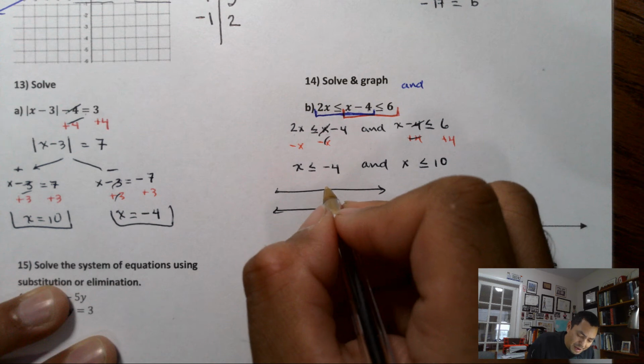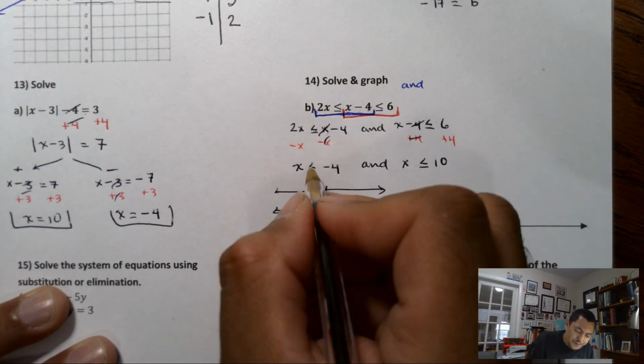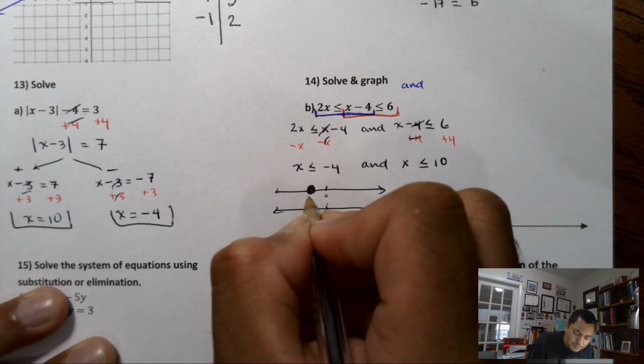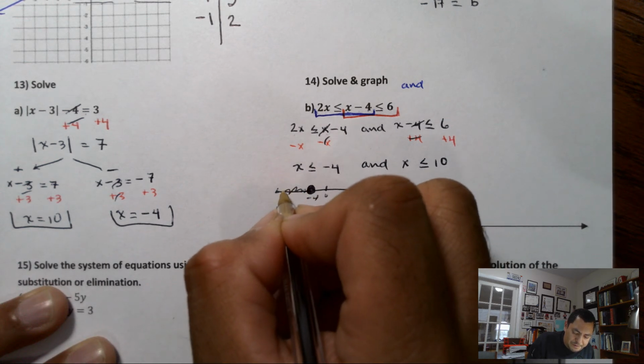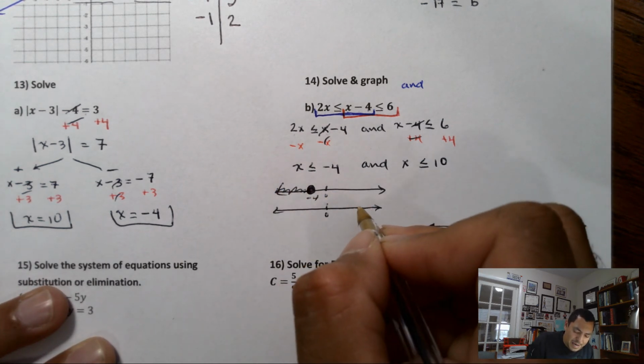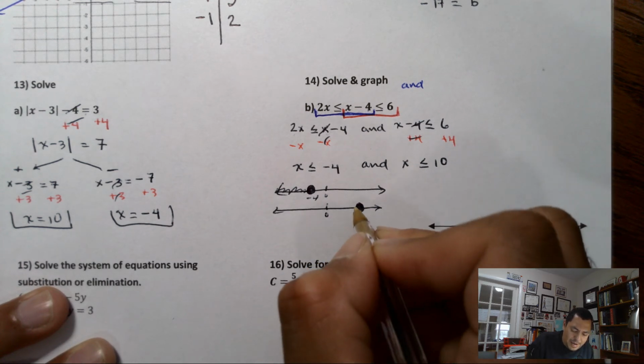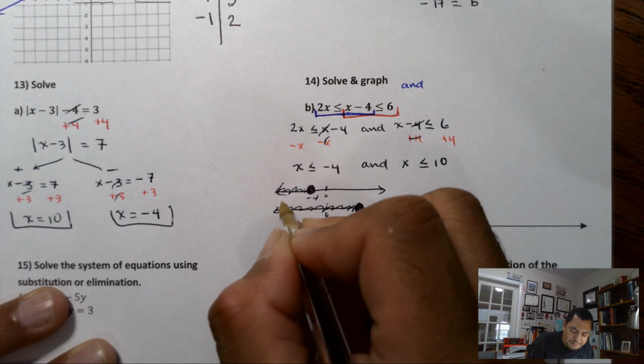So I have 0 here. The first inequality is at -4, closed, and goes to the left. And then I have 10, also closed, because it's less than or equal, and also goes to the left.